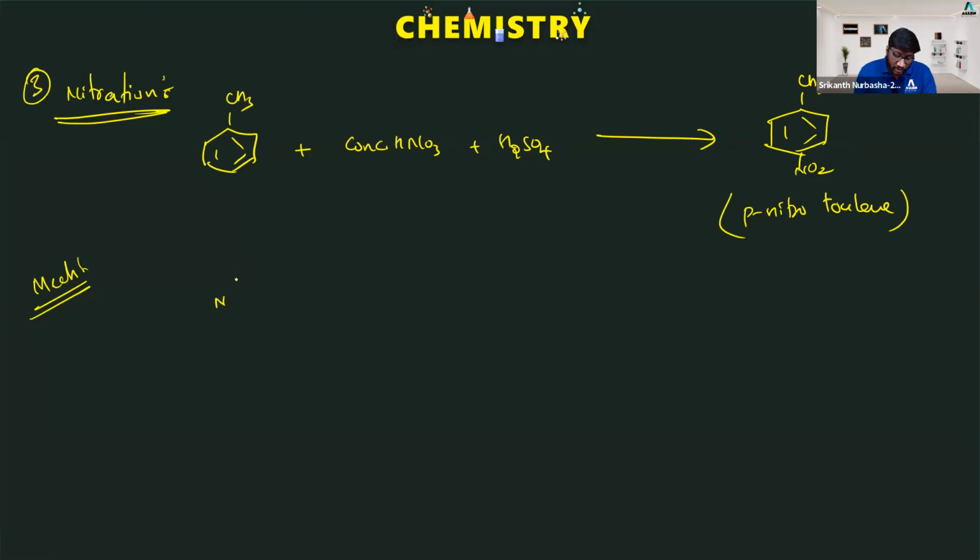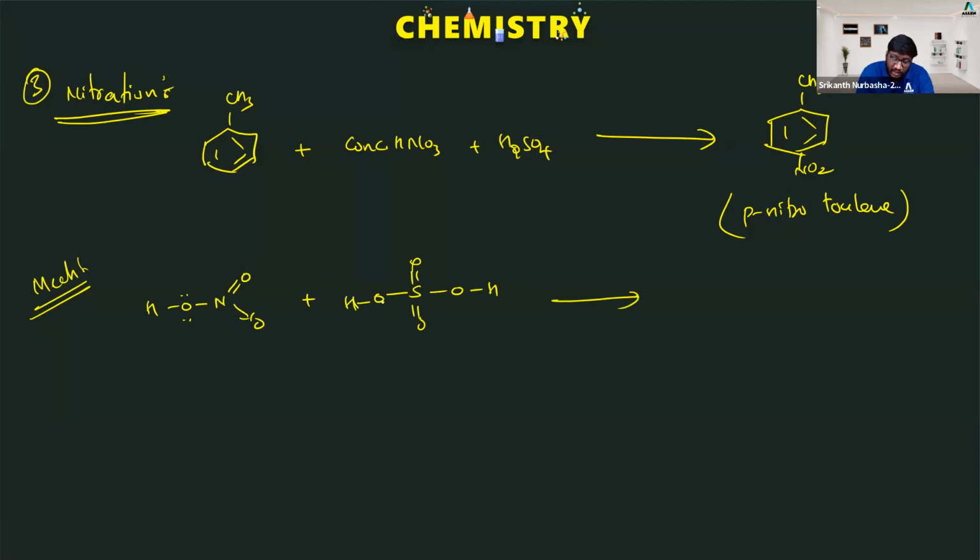So HNO3 has the structure N double bond O, OH. H2SO4 has the structure S double bond O, OH and OH. What can we say, students? H2SO4 is a better acid when compared to HNO3.